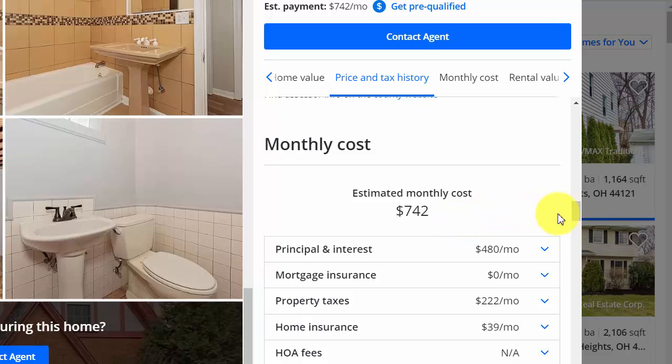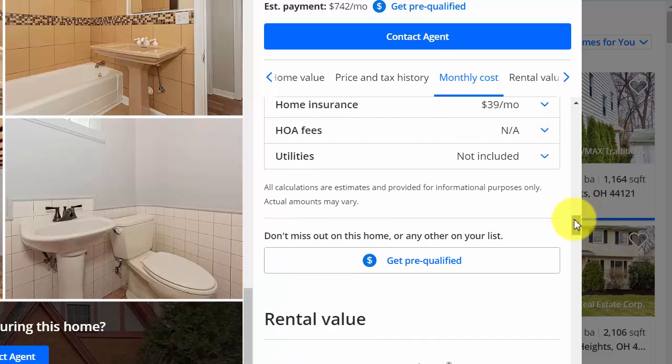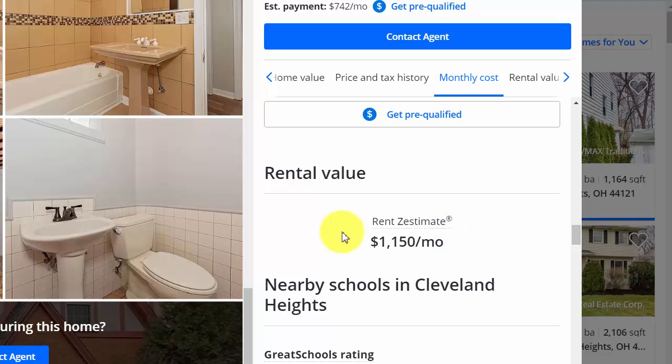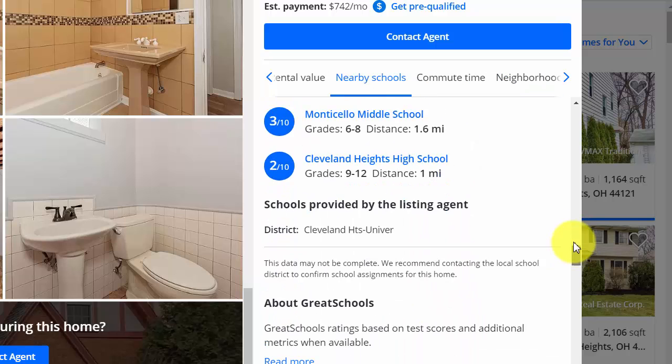The estimated monthly cost is $742, and it shows you the principal and interest, property tax, so forth and so on, and the monthly insurance. Now, if you buy it and want to rent it to somebody, they would be paying $1,150. Nearby schools are listed for you.